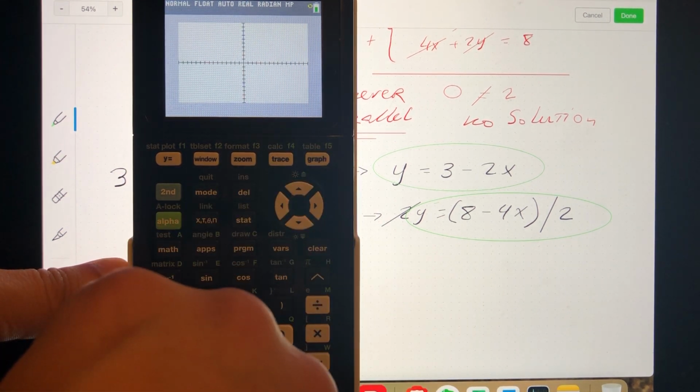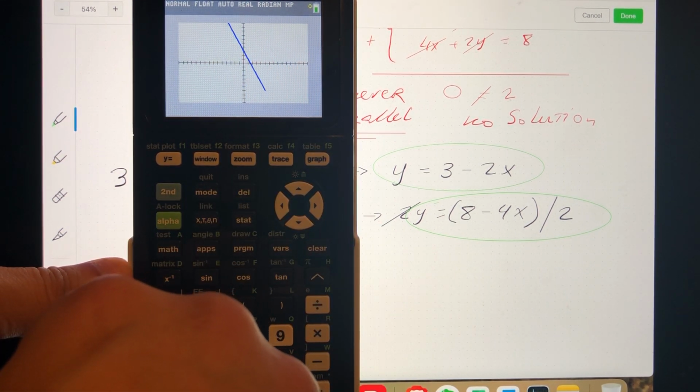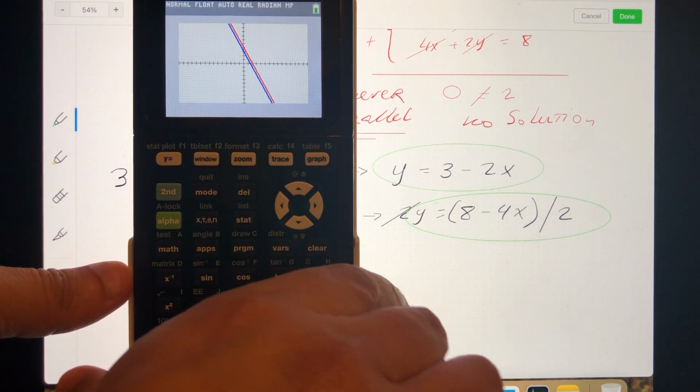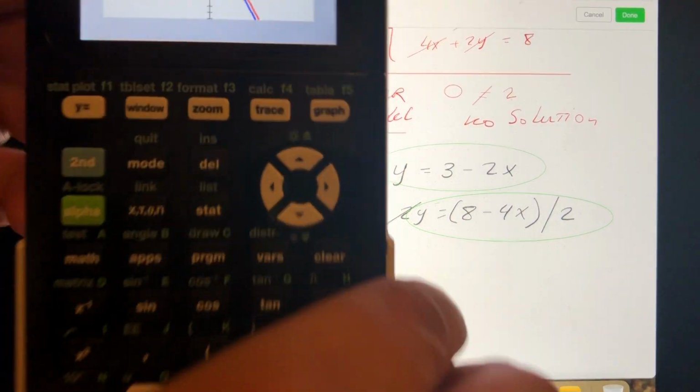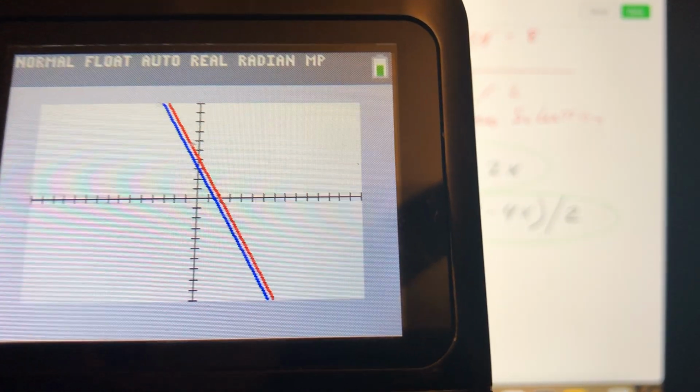And let's look at a picture. First equation, second equation, they look parallel. They are really close next to each other, but they do appear to be parallel.